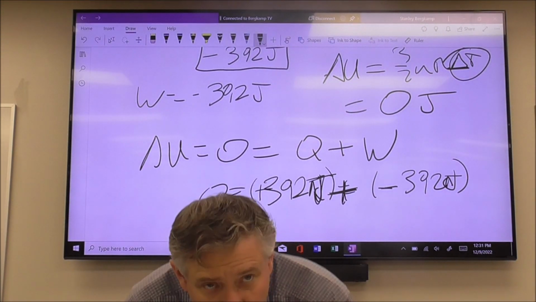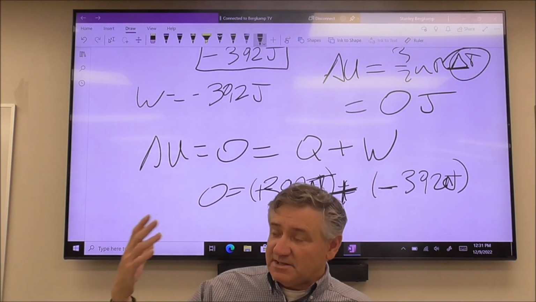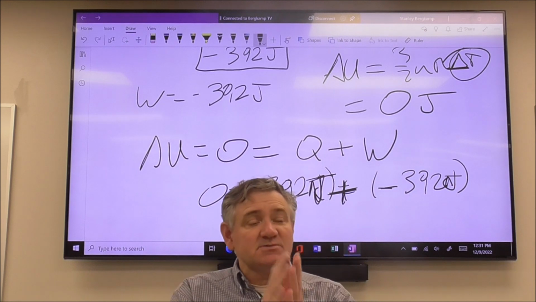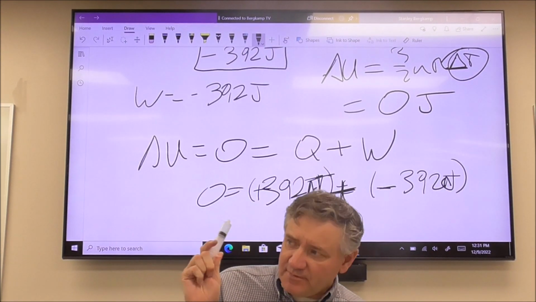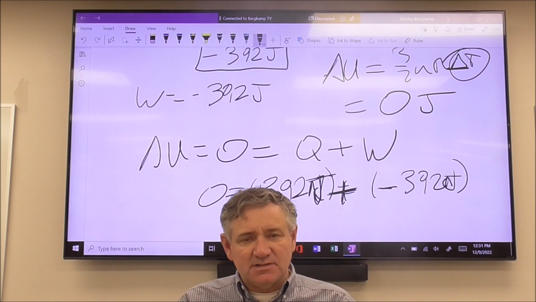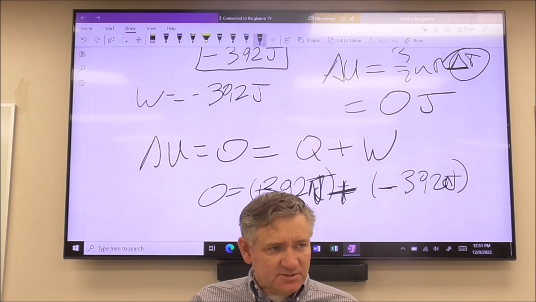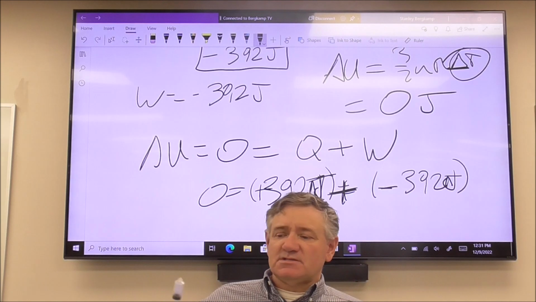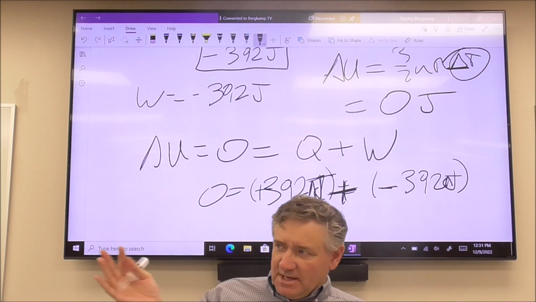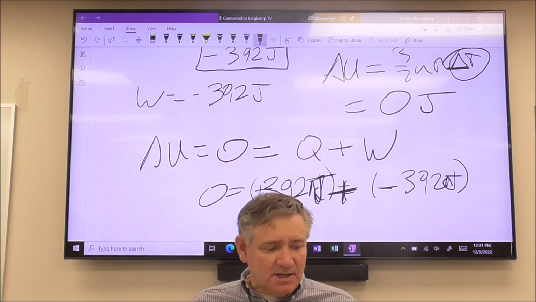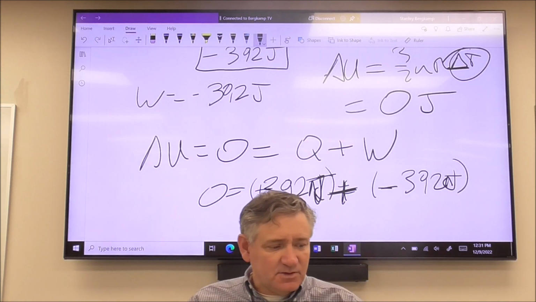So here's what this would actually look like. You'd have to have a syringe or something like this where the volume can change. I can't do this in a sealed-up test tube, because I can't change the volume. I can't do it in a sealed pop can or in a cup.